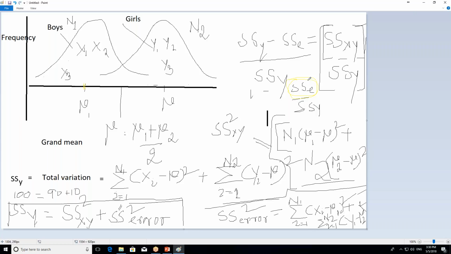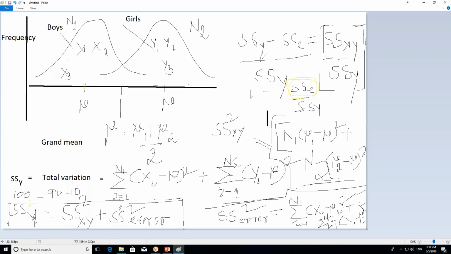So this variation is generating SSE. So if you have a larger SSE, then 1 minus SSE over SSY. Let's say in this case, SSY, which is SSXY plus SS error, is constant, isn't it? Now, if your SS error is very large, then SSXY will be small.